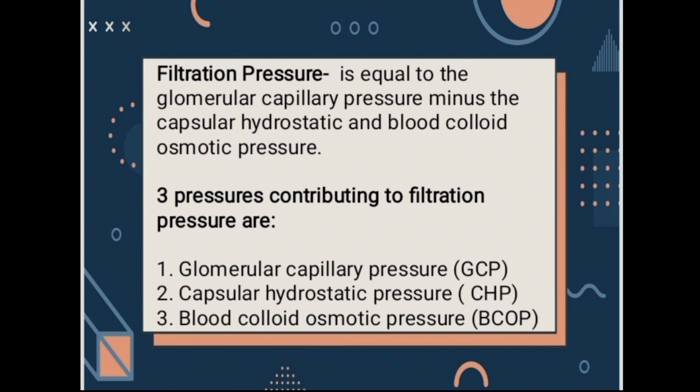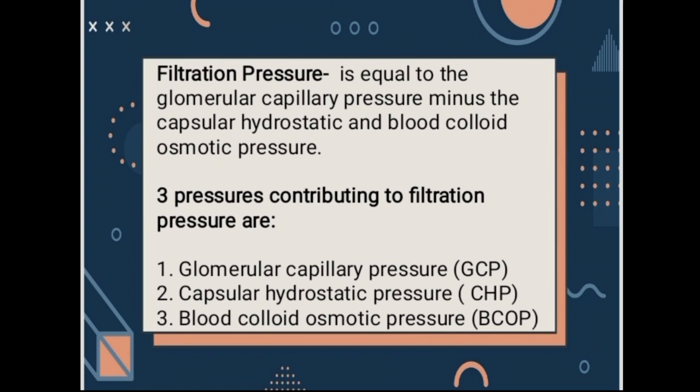Filtration pressure is equal to the glomerular capillary pressure minus the capsular hydrostatic and blood colloid osmotic pressure. So, filtration pressure forces fluid and all solutes smaller than a certain size through a membrane.